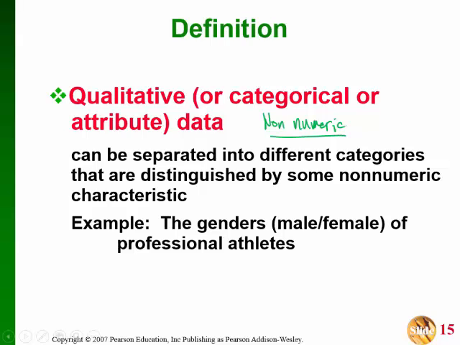If you can't describe it as a number, you would refer to it as qualitative data. Gender is the simplest example of a qualitative data. Eye color, hair color. What's the last movie you saw? Those are all examples of categorical or qualitative data.